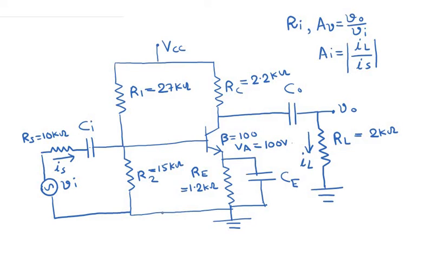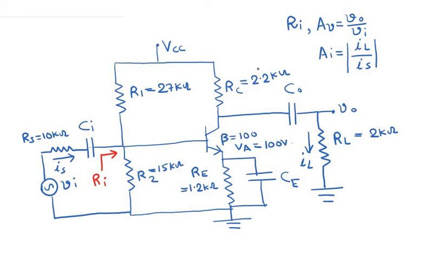If you remember, we talked about the input resistance of the transistor amplifier, which is given by this Ri here. The input resistance Ri is the resistance seen looking from here. This is the input AC resistance.